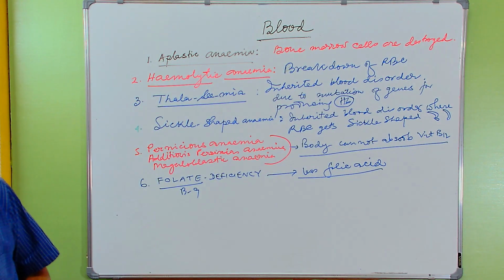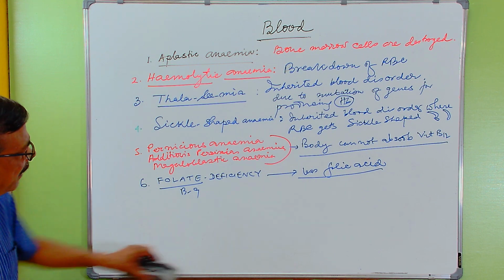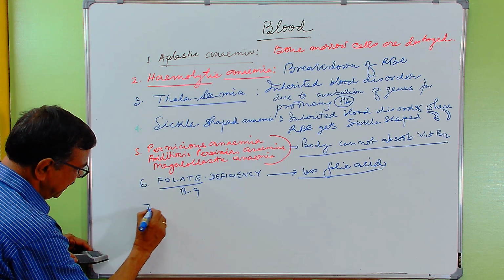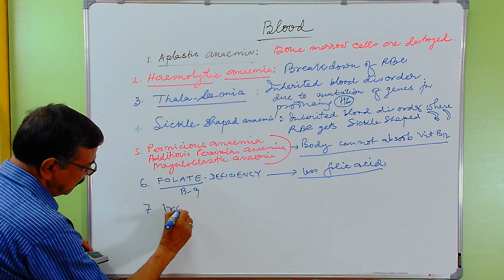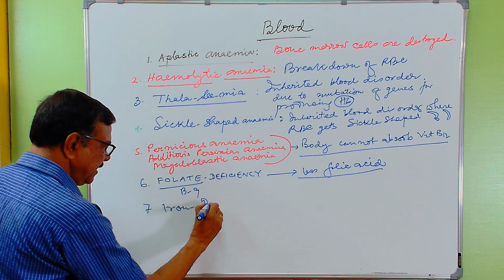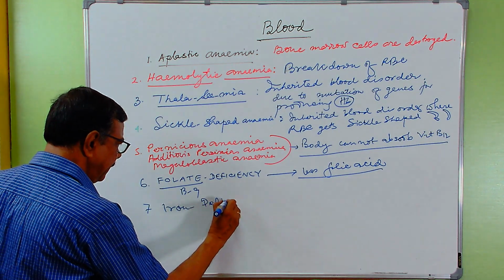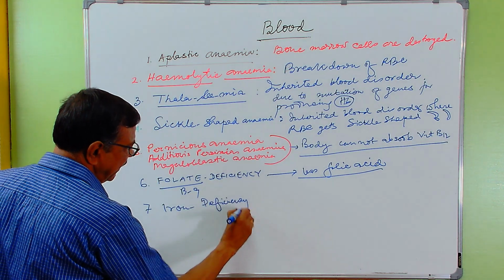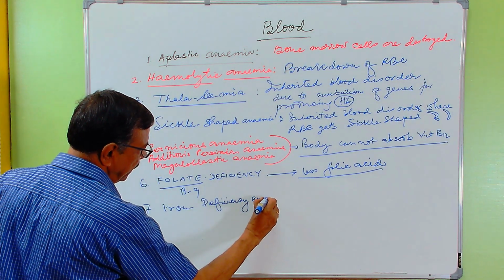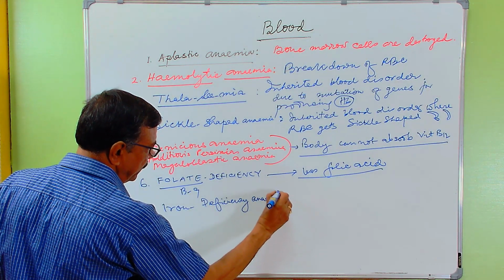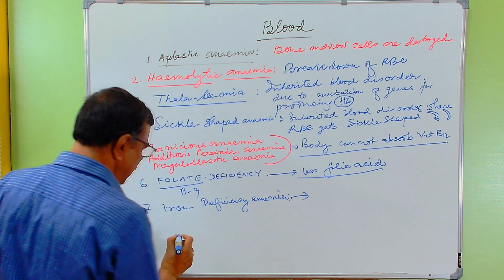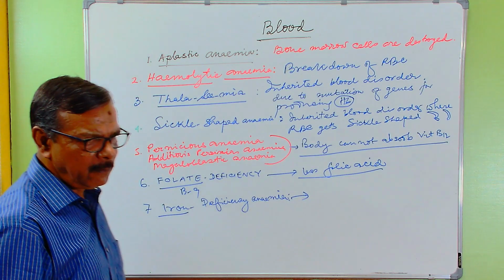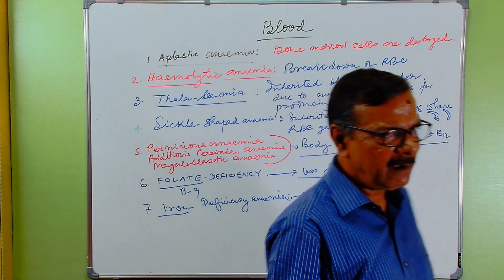Then another one is iron deficiency anemia. Now what does iron do for causing anemia?